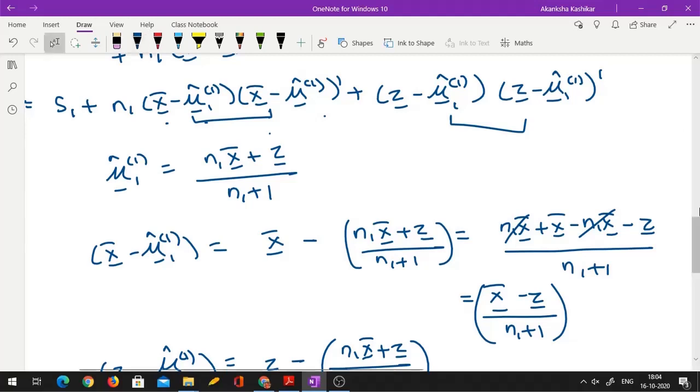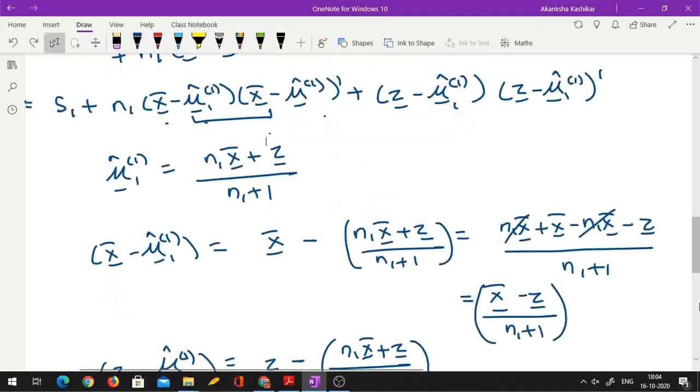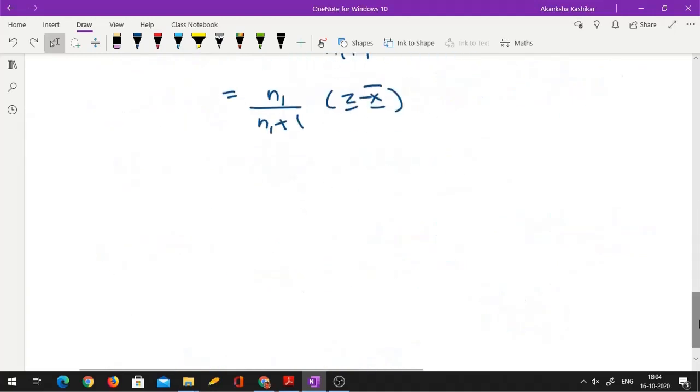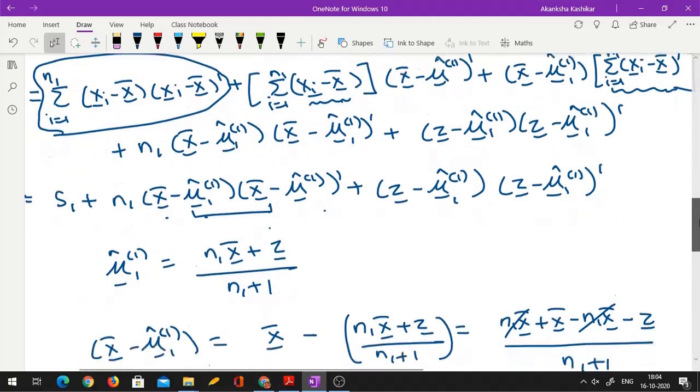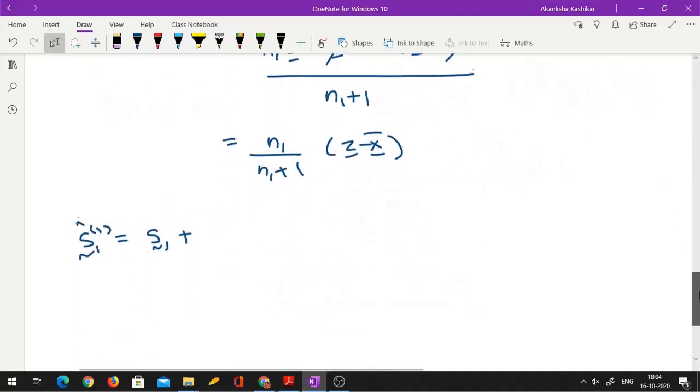Okay. If you have not followed, please write it down, take minus sign common and it would be clear to you what I'm trying to say. So what do I have? I have the revised CSSP matrix to be the original CSSP matrix plus, for this n1 into, we would get this z minus x bar upon n1 plus 1.